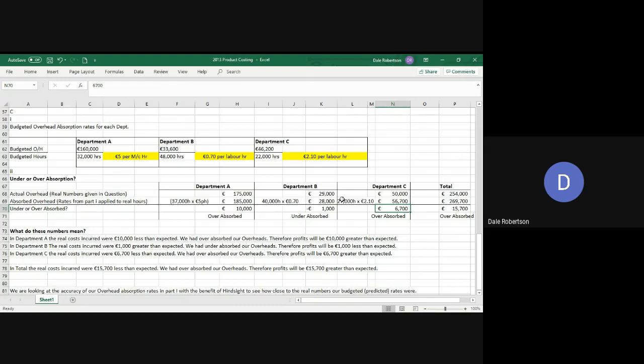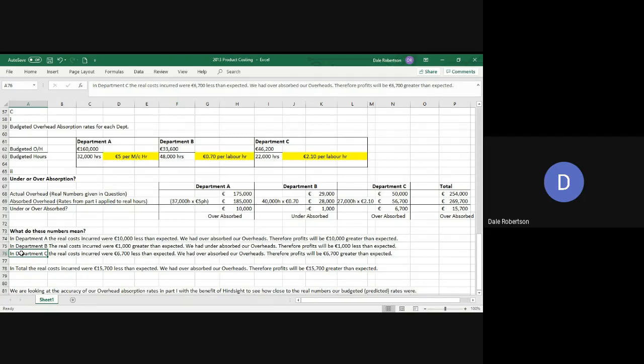What does that mean? That means in Department C, if you read horizontally here, the real costs incurred were 6,700 less than expected. We had overabsorbed our overheads. Therefore, the profits are going to be 6,700 greater than expected.